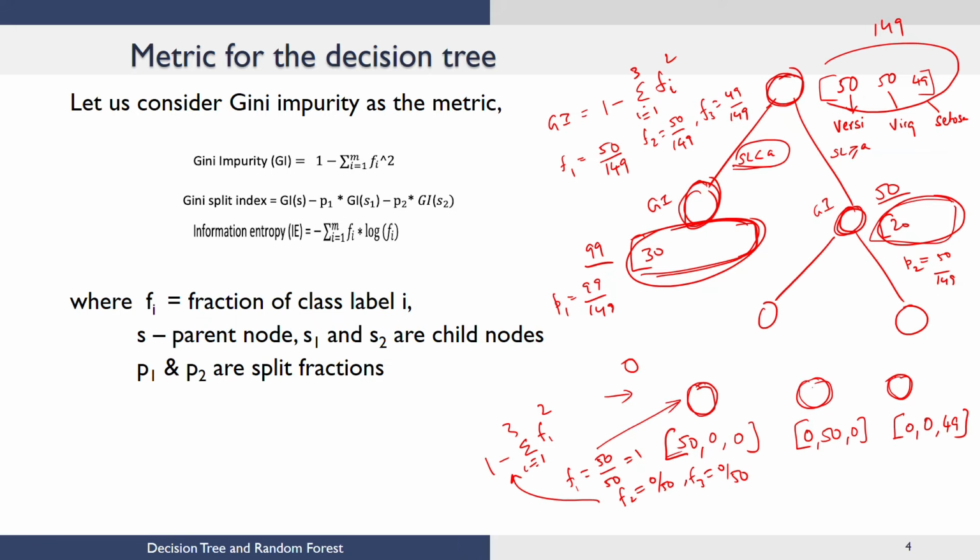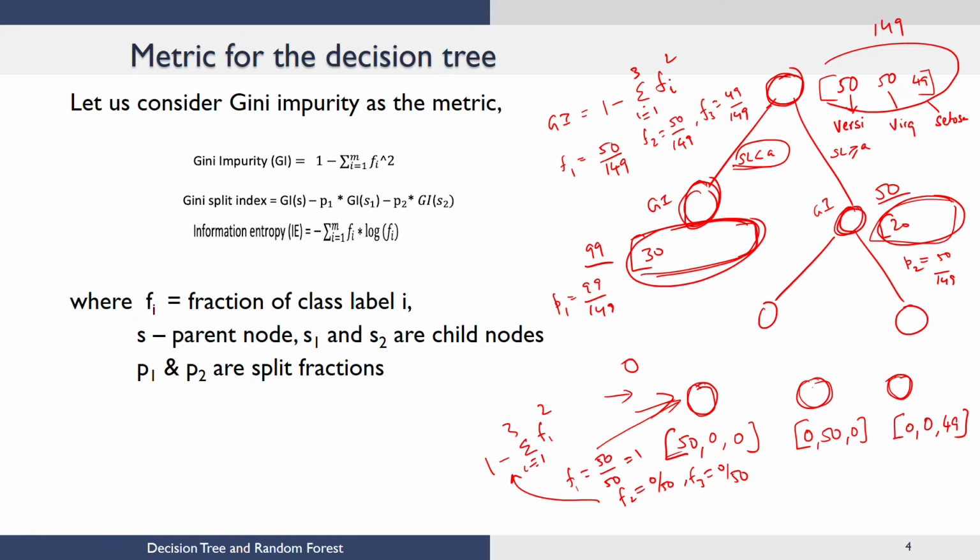Now if I am having a node with a certain Gini impurity and I want to make children nodes of those, what I want to do is get to these pure nodes as quickly as possible, right. Only then I can do perfect classification.